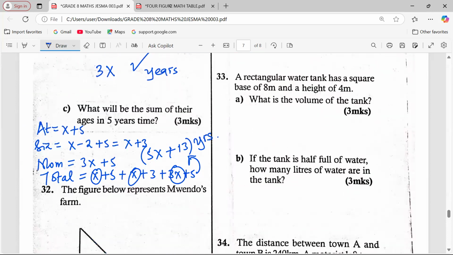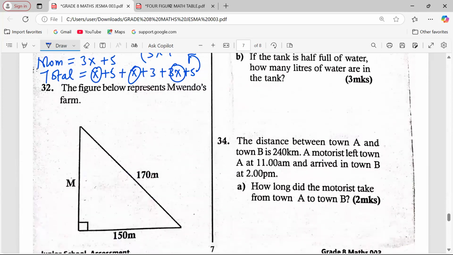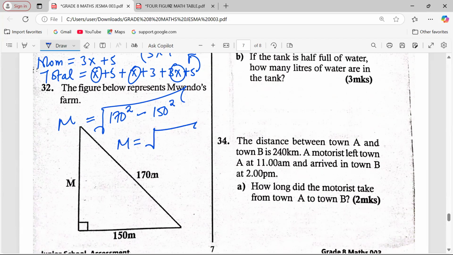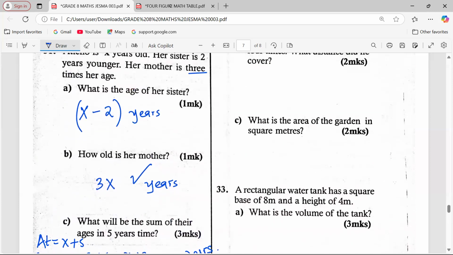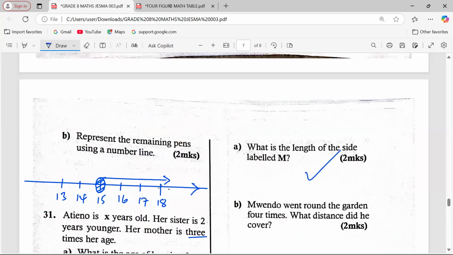We have to apply Pythagoras theorem here: we take 170 squared, then subtract 150 squared, then obtain the square root, and we shall get the value of M. So M is the square root of 6400, and the value of M comes exactly 80 meters.